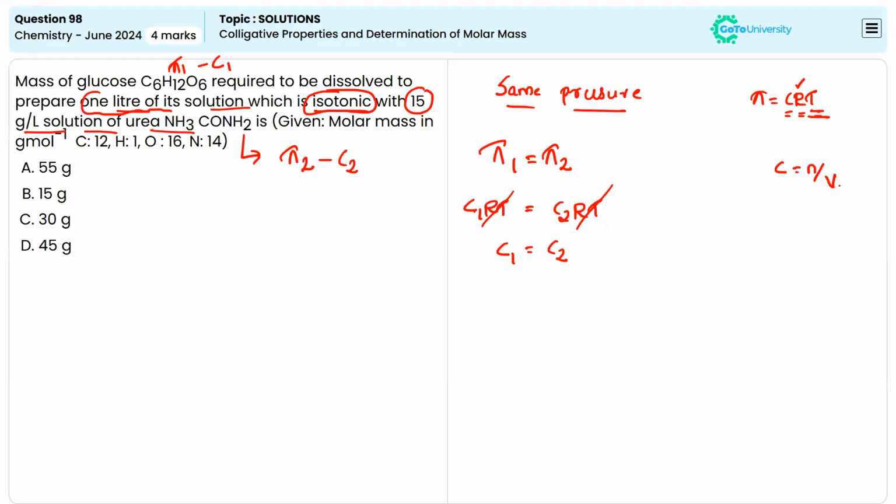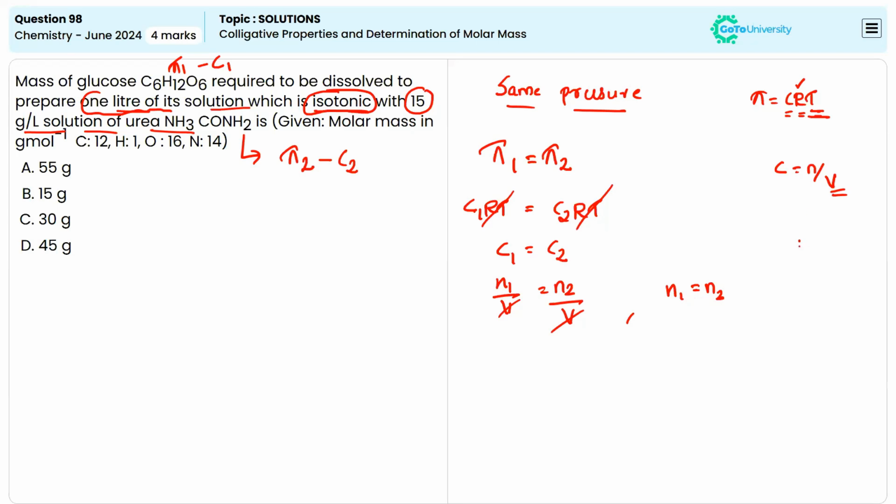So the volume of the solution is also the same. So I can write n1 by V is equal to n2 divided by V. V is also cancelled. Now I can write n1 is equal to n2. It means the number of moles of urea is equal to the number of moles of glucose.